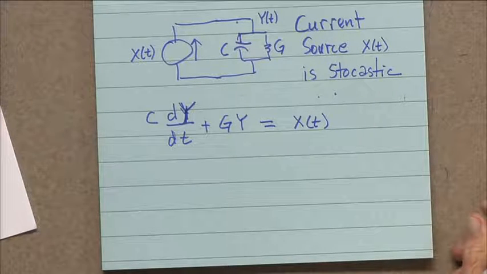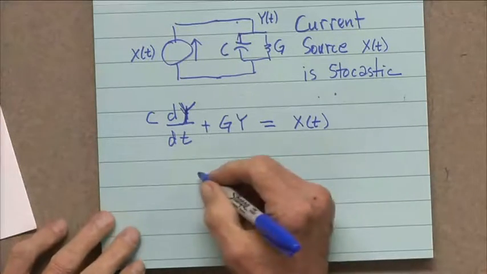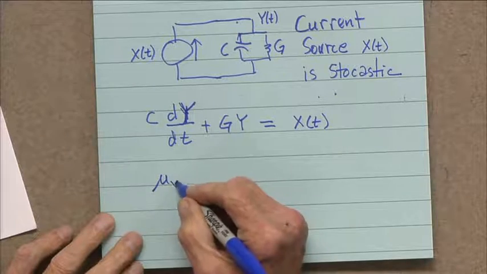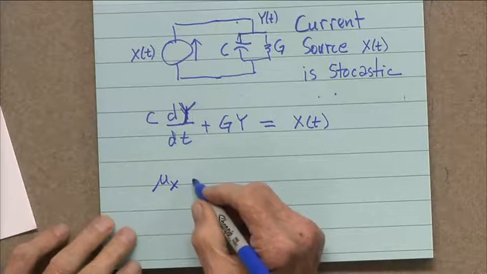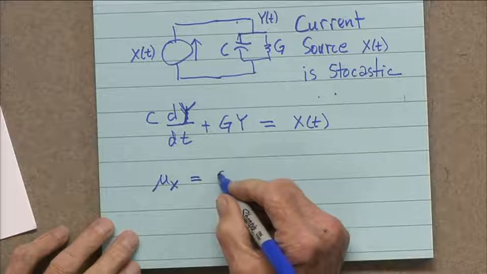We'll say the mean of X is 0. The mean value mu X is equal to 0.